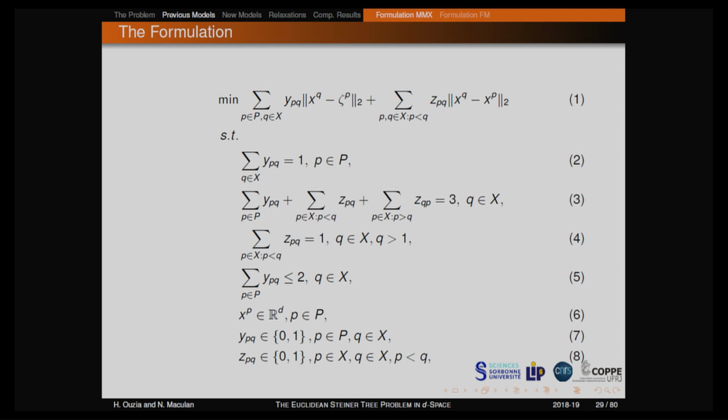That means that's all the distances of my graph. But some of them I have to calculate because I don't know the position of x. Then I have to calculate this one. It's a square root. It's not differentiable, and even the continuous relaxation is not even convex, and so on.